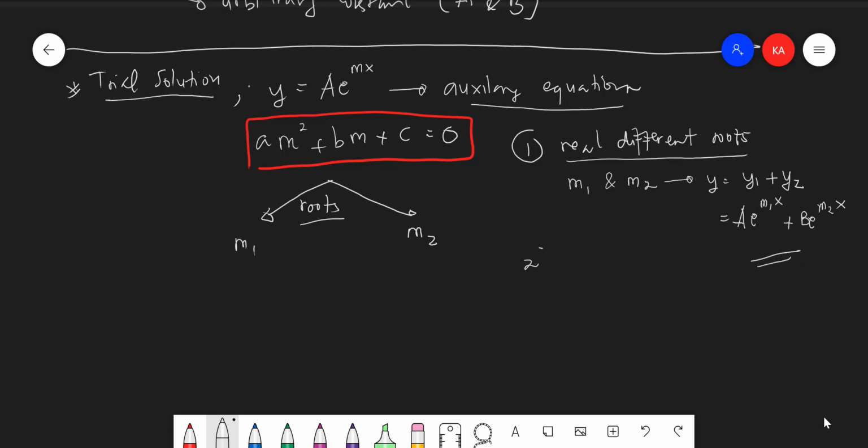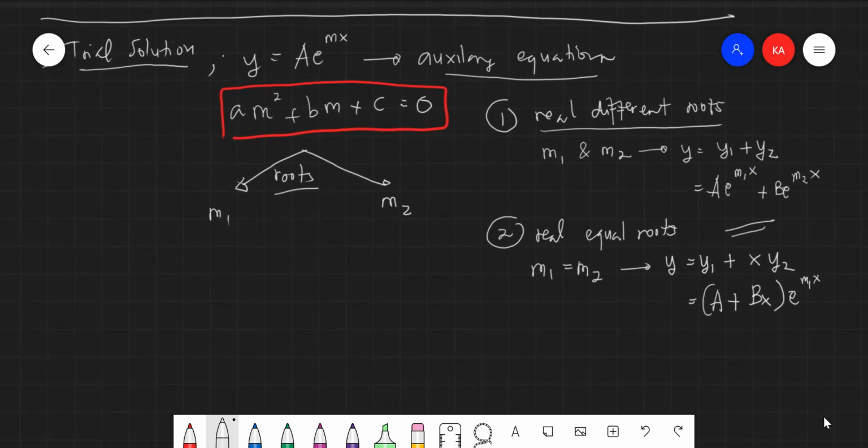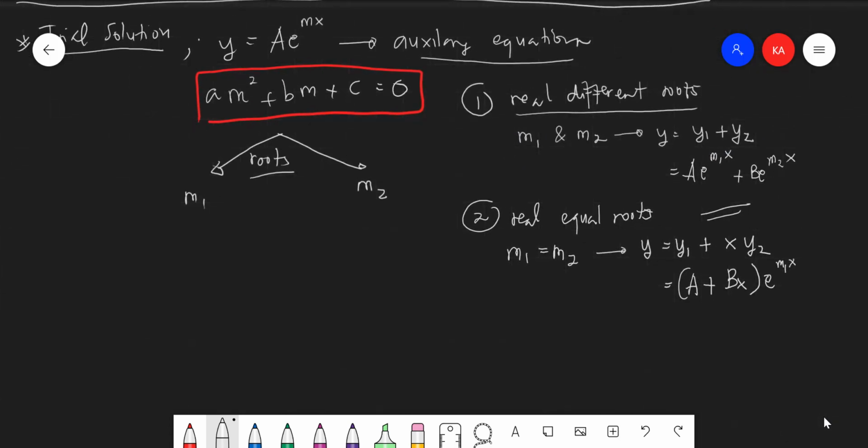And then the second, if we have real equal roots, like m1 is equal to m2, so y is equal to y1 plus x y2. So we get a plus bx, e power of m1x, like this one. So this is the solution if we have real equal roots.